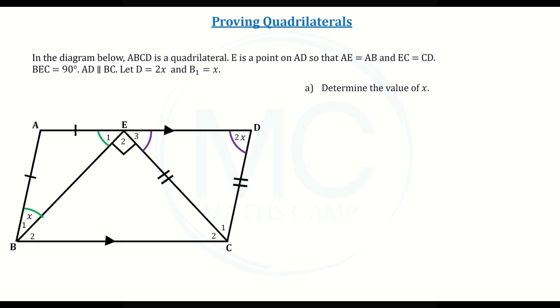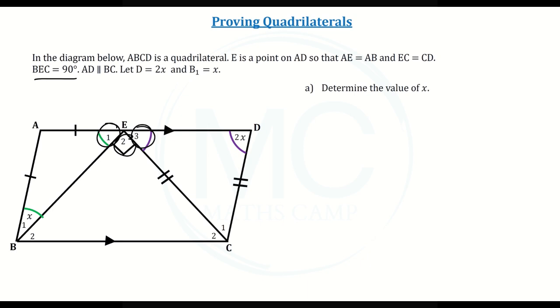These triangles have helped us find equal angles, but without the size of the third angle in each triangle, we cannot use them to solve for x. So what else do we know? The question tells us that angle BEC is 90 degrees, and we can see this up here at angle E2. Angle E2 sits at angle E along with angle E1, which we know is x, and angle E3, which we know is 2x.